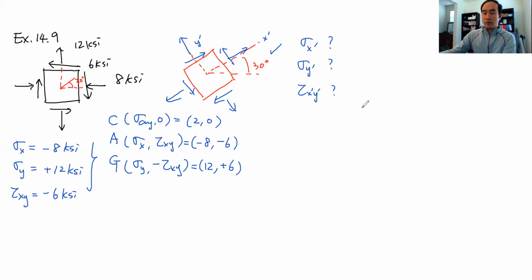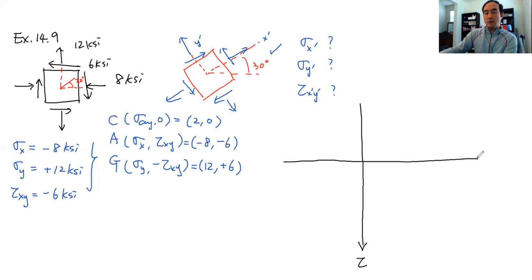So here we have the vertical axis, tau, and the horizontal axis, sigma, okay? And then we have to place all these points. So here we have 1, 2, 3, 4, 5, 6, 7, 8, 9, 10, 12.